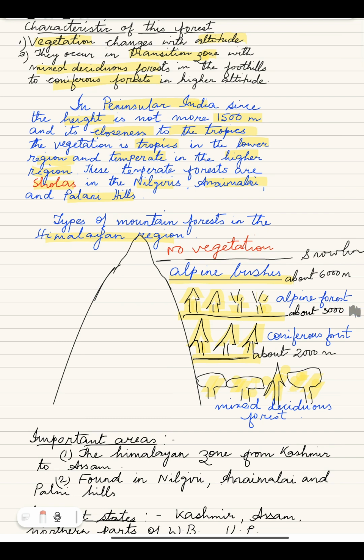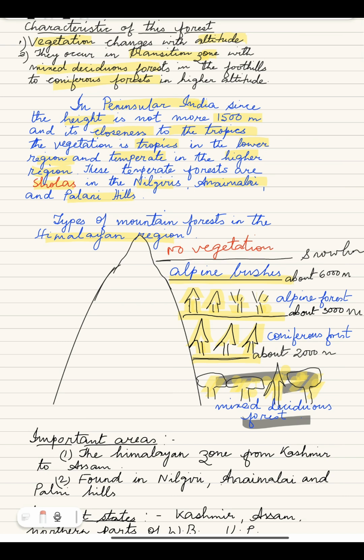You won't get any trees. You will find only alpine bush. Okay, and when we go still up, that is above the snow line, we will see that there is no vegetation.